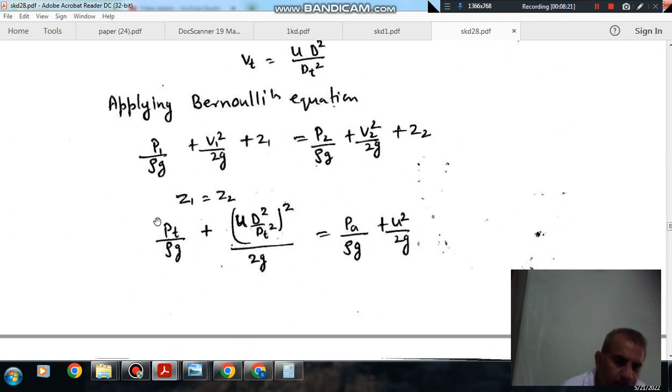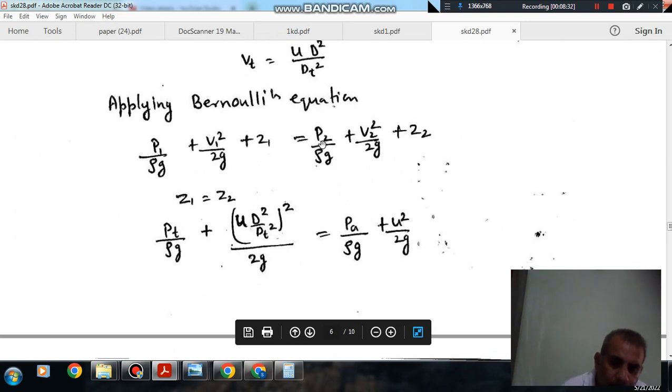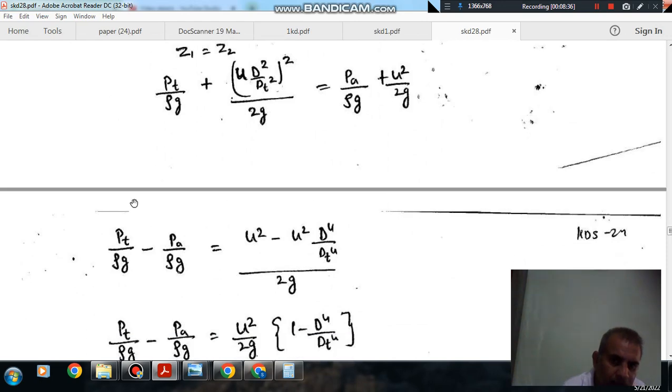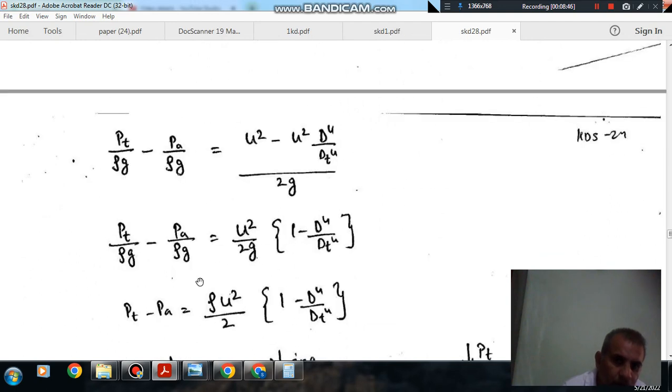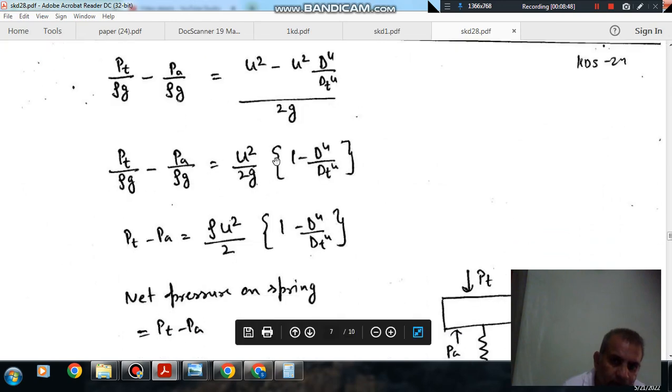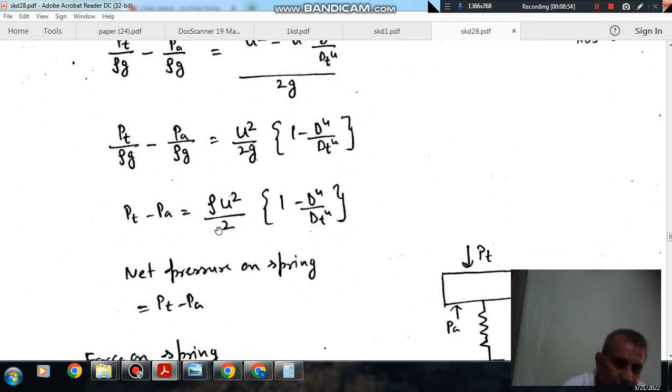P1 is your throat pressure Pt, and V1 is the throat velocity that we have calculated, and P2 is atmospheric pressure Pa with velocity u. From this we get Pt minus Pa by rho g is equal to u square by 2g times bracket 1 minus d4 by dt4, or Pt minus Pa is rho u square by 2 times bracket 1 minus d4 by dt4.